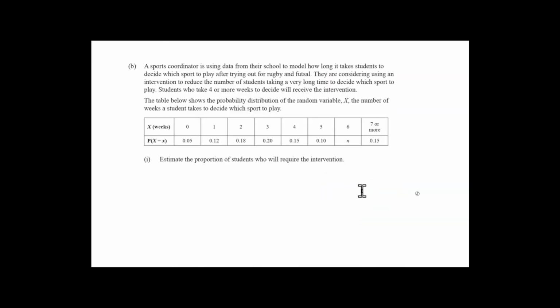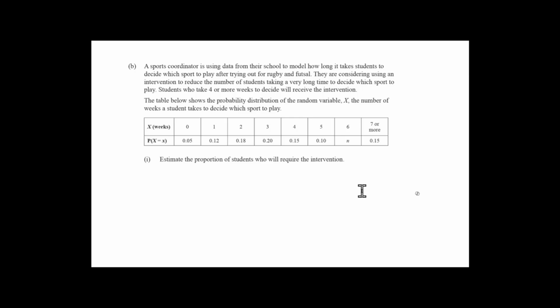And this next question says a sports coordinator is using data from the school to model how long it takes students to decide which sport to play after trying out rugby and futsal. Futsal is kind of five-a-side, I don't know if it's five-a-side, but it's a scaled down version of five-a-side football with a smaller ball and some skill shots and stuff like that.